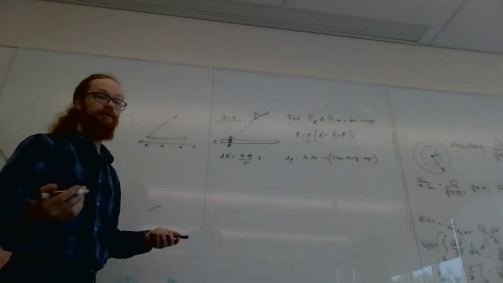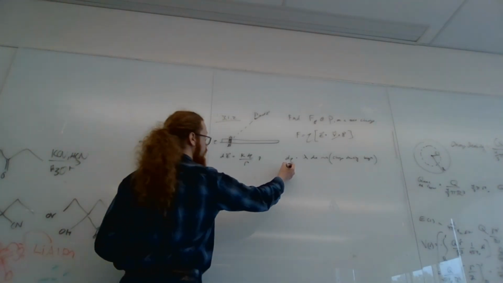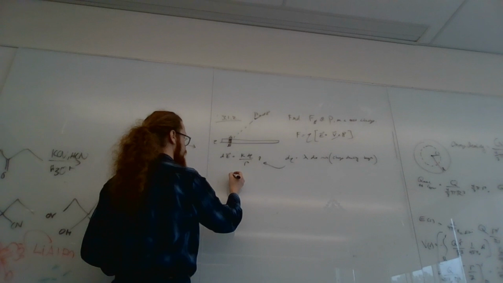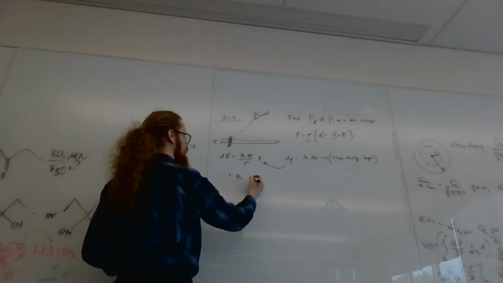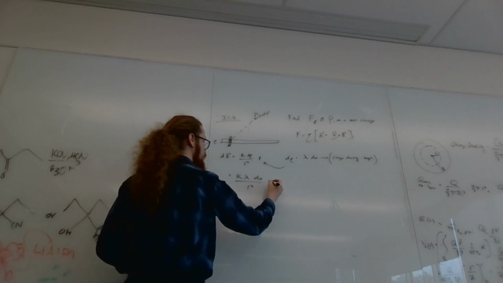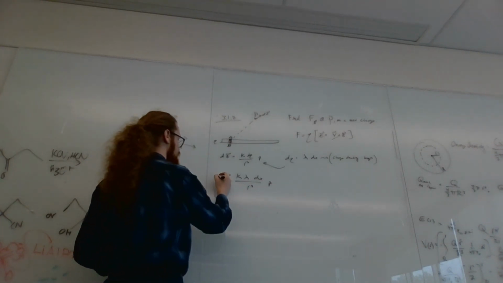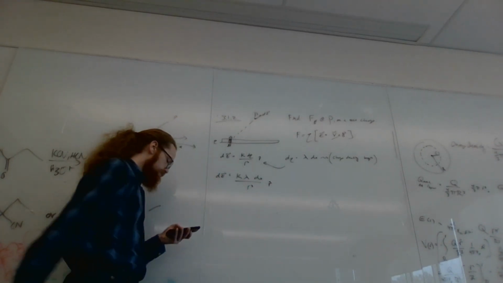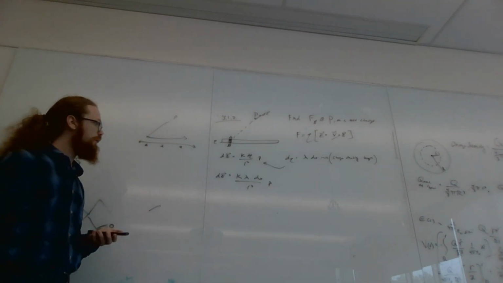That's just an equation, so we plug it in: dE equals k lambda dx over r squared in the r hat direction.